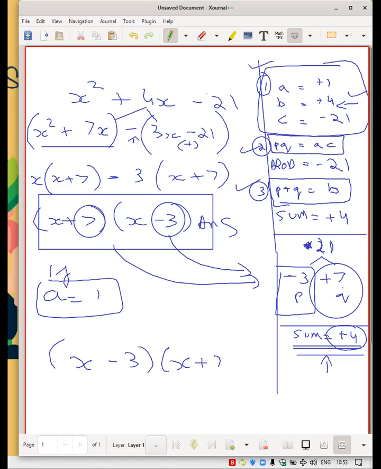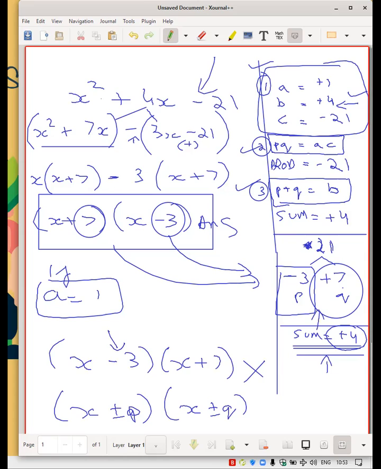I don't need to go through this if the value of A is 1. So I can just write it as x plus or minus p and x plus or minus q, whatever the signs of q and p are. If A is not 1, then I can't do this.